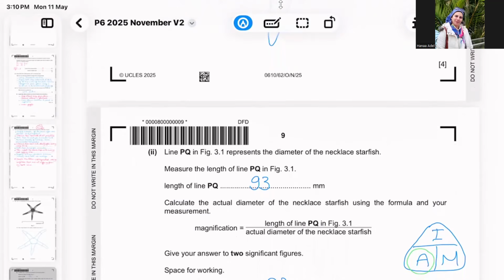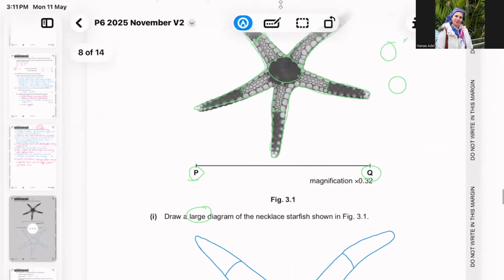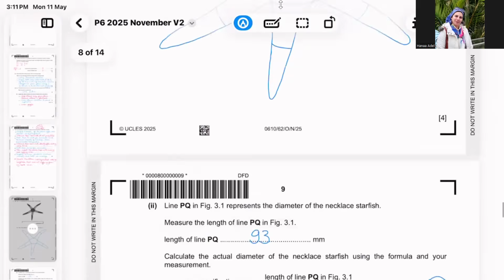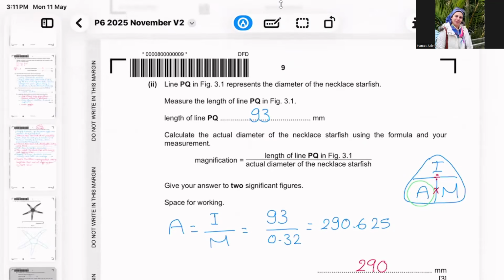Just circle the part that you need; a line means divide, and in between means multiply. When we need the actual length, it is image divided by magnification. The magnification is 0.32. So 93 over 0.32 gives us 290.625, and he wants this to two significant figures. So 290.